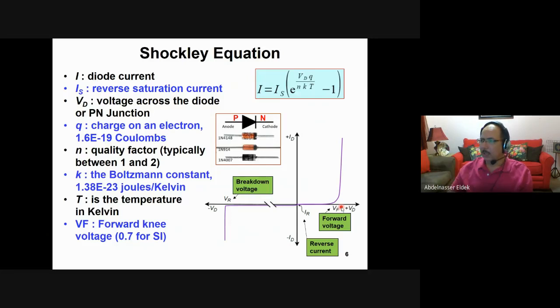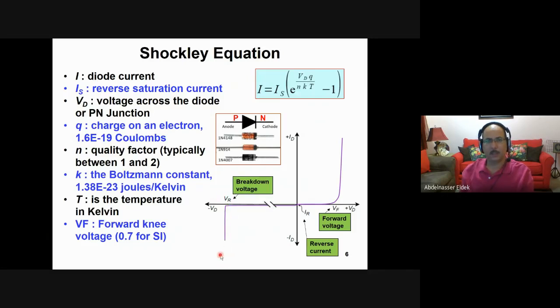In the reverse bias, when the voltage is negative, you do not have a current. The current is just Is, a temporary, very small current. But if you have a very high reverse voltage, you will have a breakdown voltage like this.